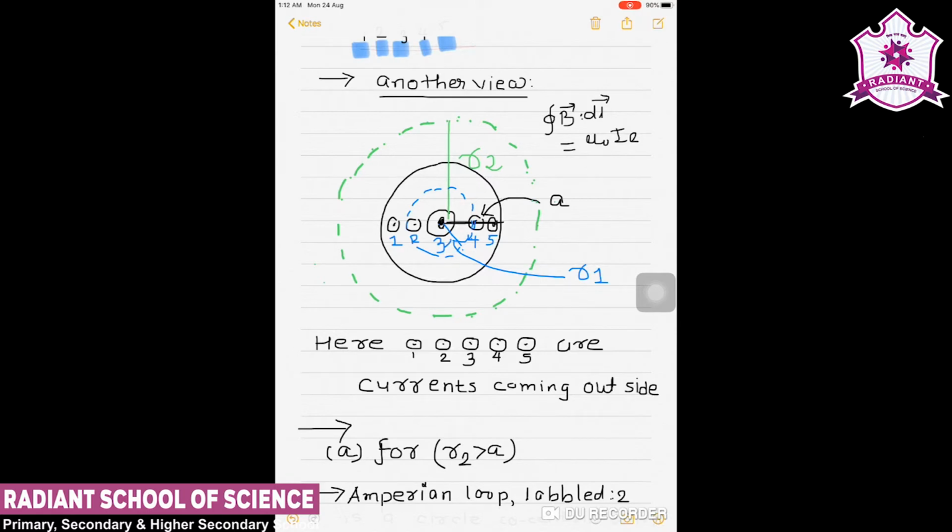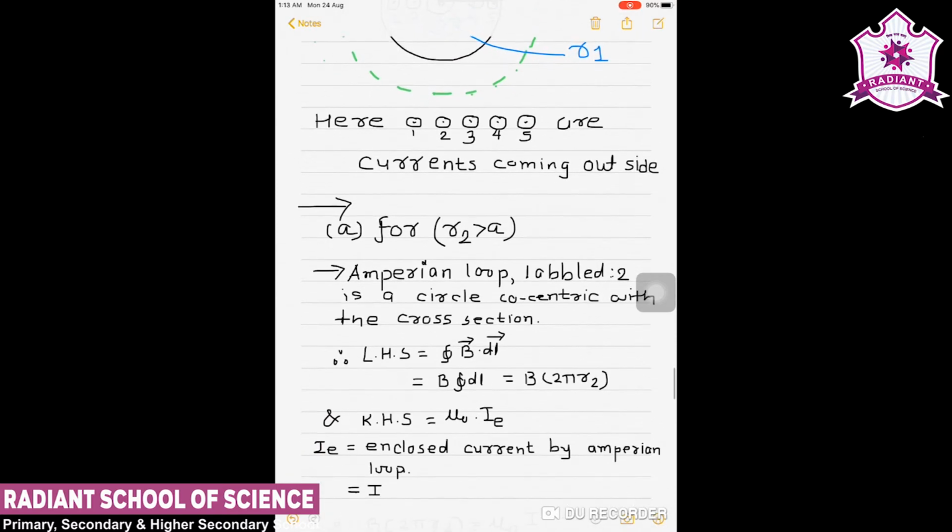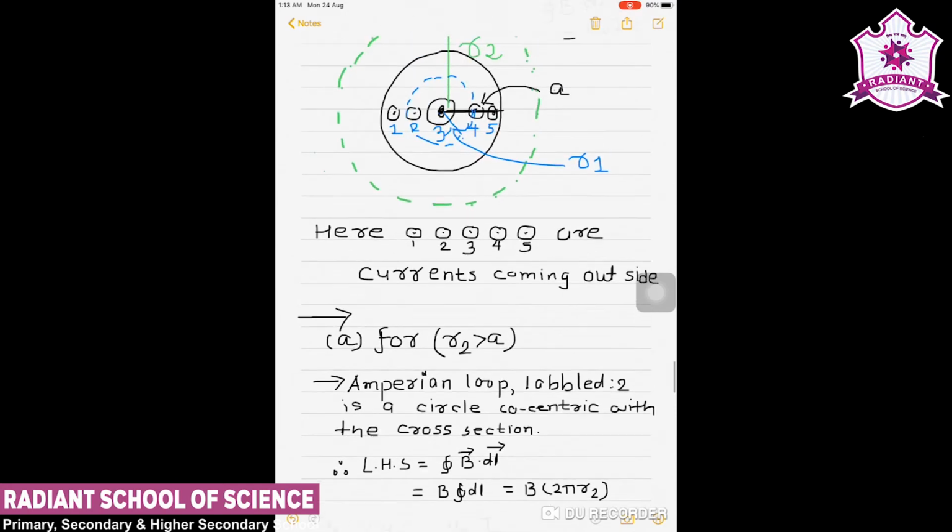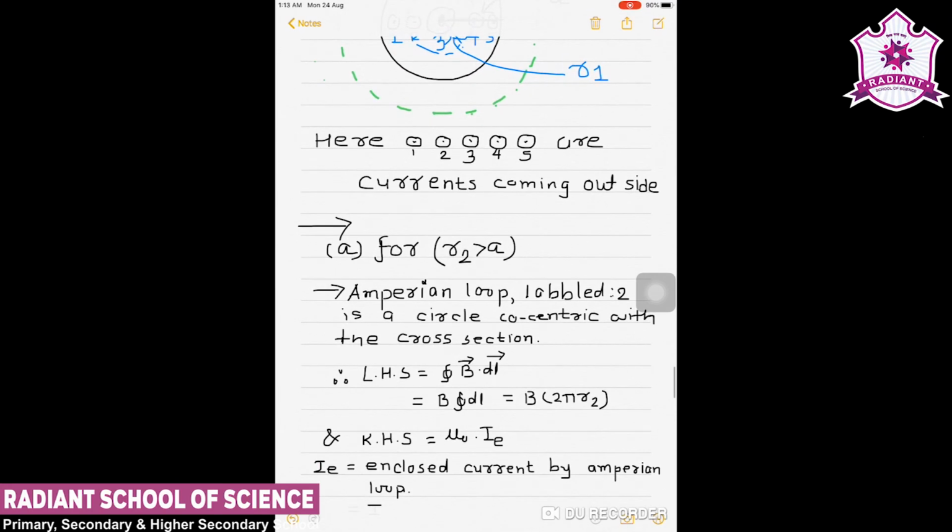When the current is coming out of the wire, the magnetic field will be anti-clockwise as we curl the fingers around it. So the magnetic field coincides with the small dl distance, and they are both in the same tangential direction. Now the radius is r2, so the left hand side is equal to B into 2 pi r2.